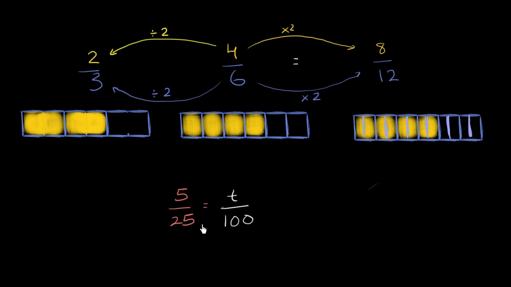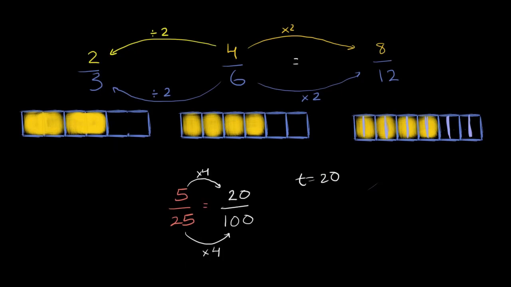Well, we can see in the denominator, to go from 25 to 100, you had to multiply by 4. So if you want an equivalent fraction, you have to multiply the numerator by 4 as well. So t will need to be equal to 20. So t is equal to 20. 5 over 25ths is the same thing as 20 over 100.